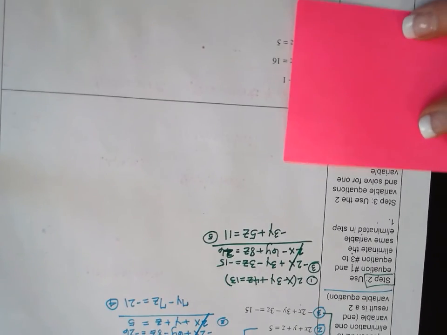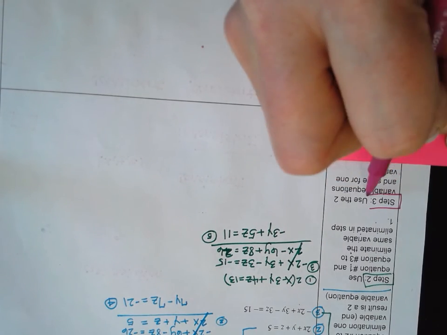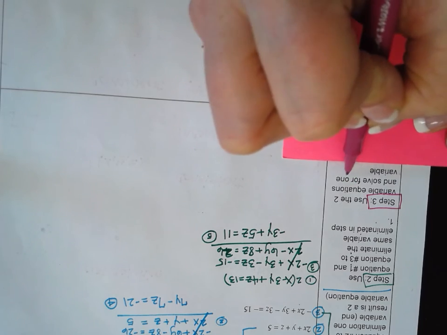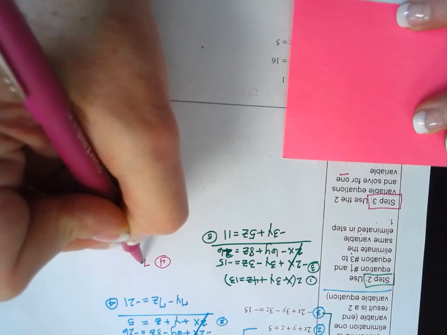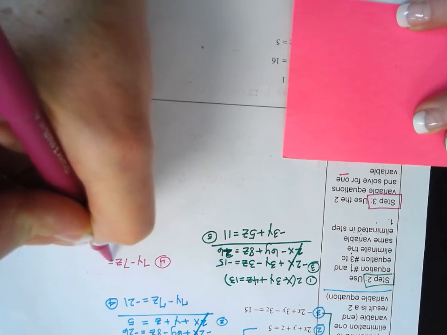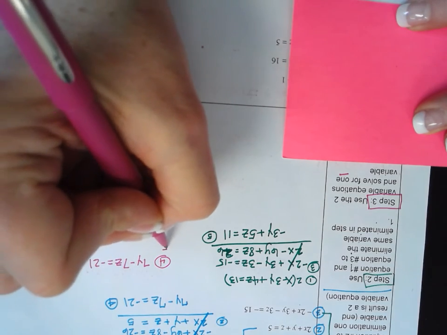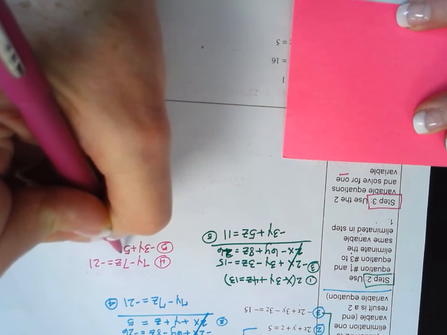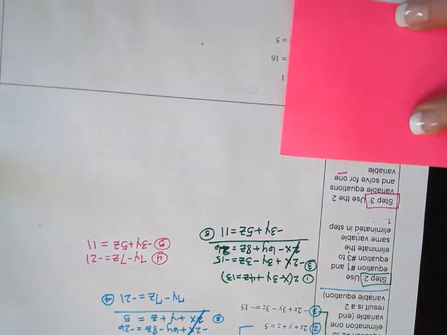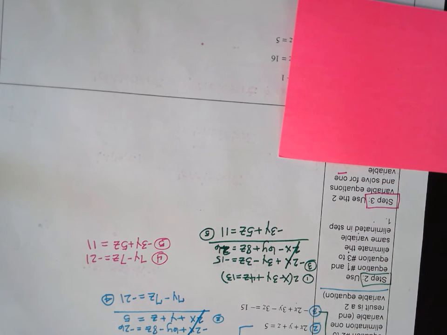All right, next step is I use my two variable equations to solve for one. So I'm going to use equation 4 and equation 5. So which variable you want to get rid of?